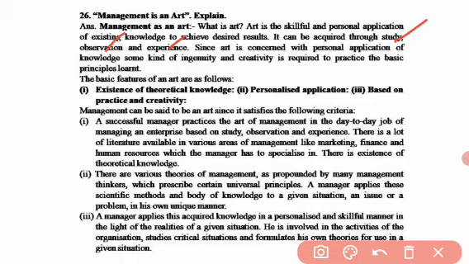Some of the basic features we can see here: existence of theoretical knowledge, personalized application based on practice, and creativity. These are the three basic features for saying management is an art.